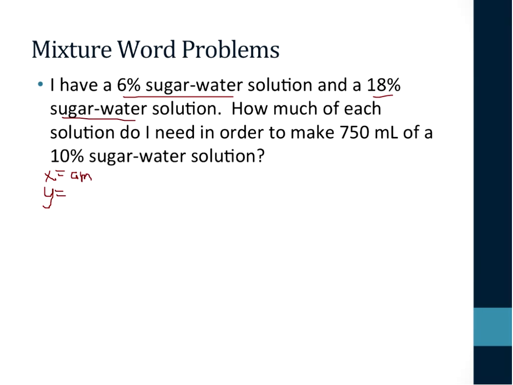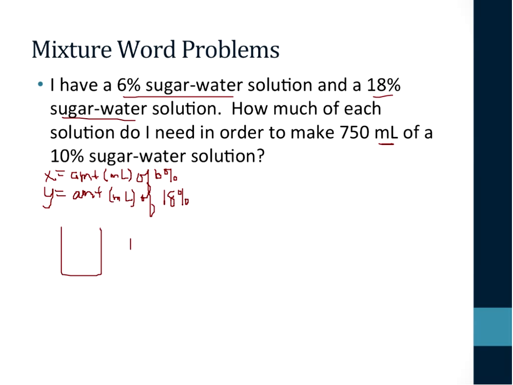So I'm going to call X the amount, in milliliters, of the 6% sugar water solution. And then Y is going to be the amount, again in milliliters, of my 18% sugar water solution.